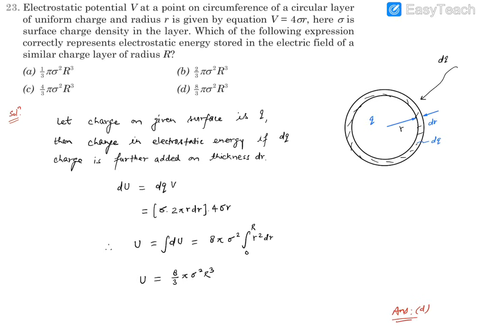If we integrate it, we will find the total work done to create the layer of radius capital R. That total work done to create the system will become the stored energy in electrostatic form. Got it?